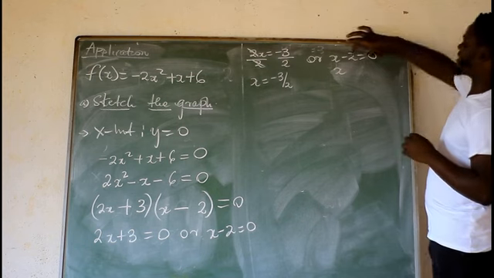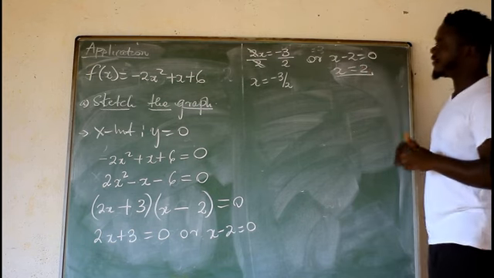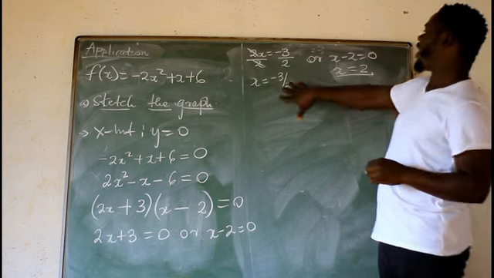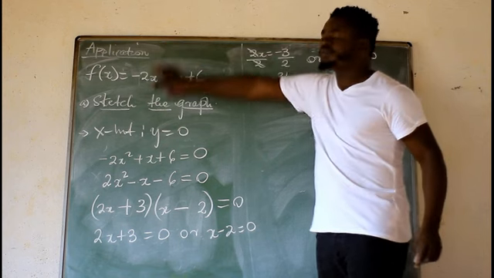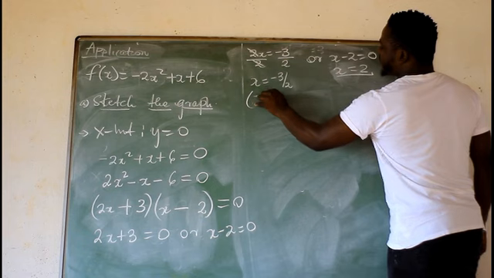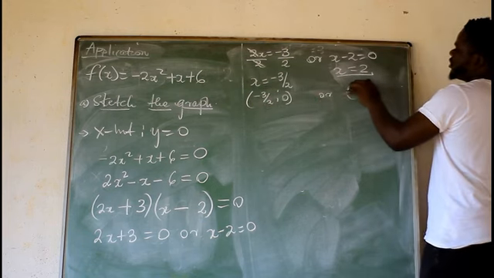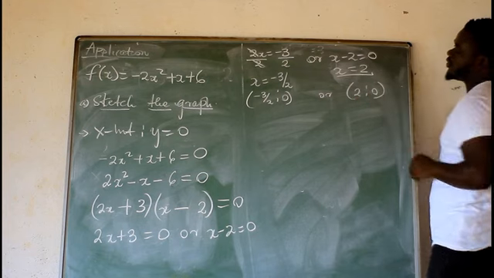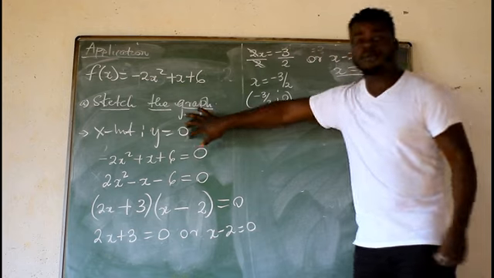You have x equal to 2. Those ones are the values of what? Of x. You need to have 2 values of x just because of these 2 brackets. Now, the coordinates are going to be negative 3 over 2 and 0, or 2 and 0. That one is the x-intercept, provided that y equals 0.